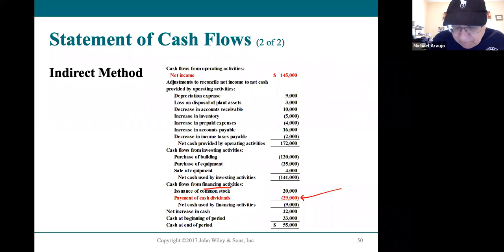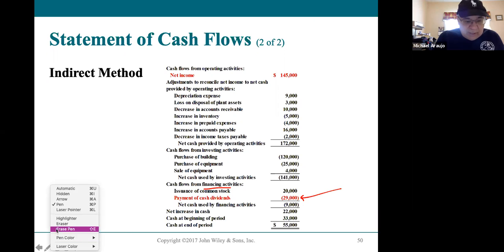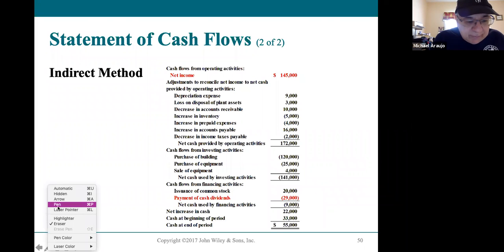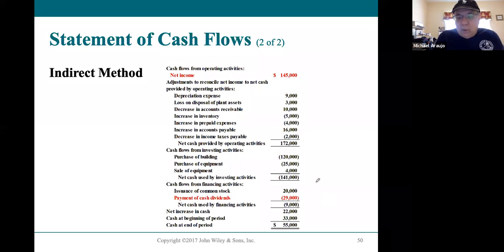Okay. So let me actually bring my eraser here because I want to show you something important. Well, not that anything else isn't important, the whole thing is. So I want you to know that starting from the net income, all of these numbers for operating activity give us this number here.